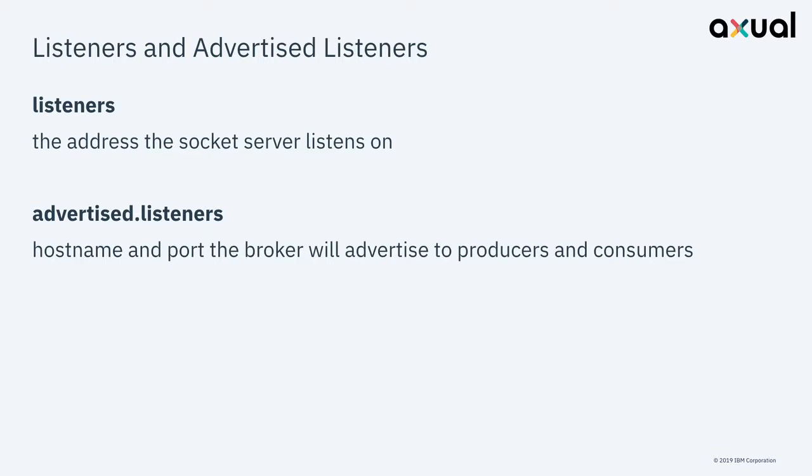And that's where it gets interesting with how you configure it with Kubernetes, because when you're just broadcasting the port that I'm going to listen on, that's not necessarily what you want to tell applications that are coming in and wanting to produce and consume.